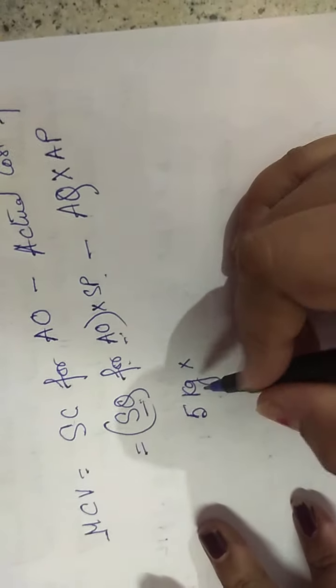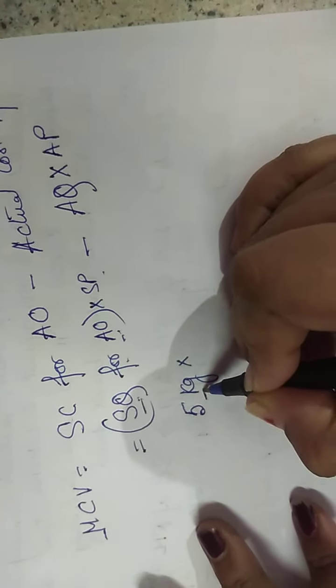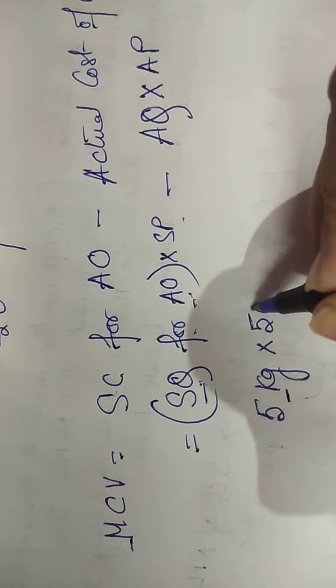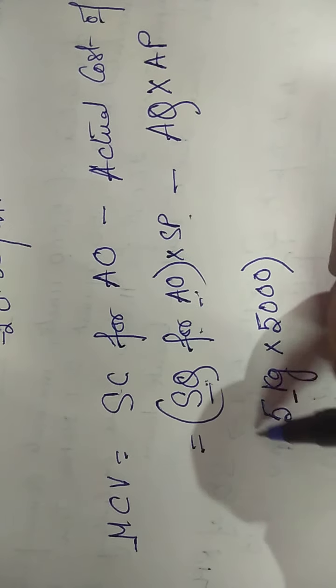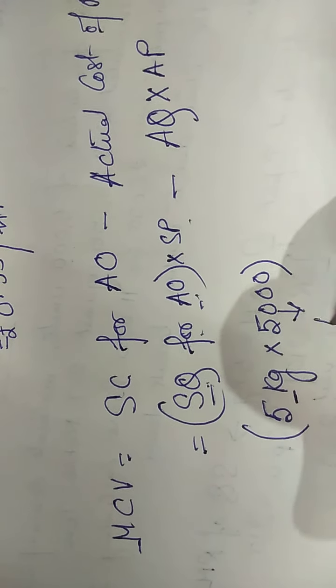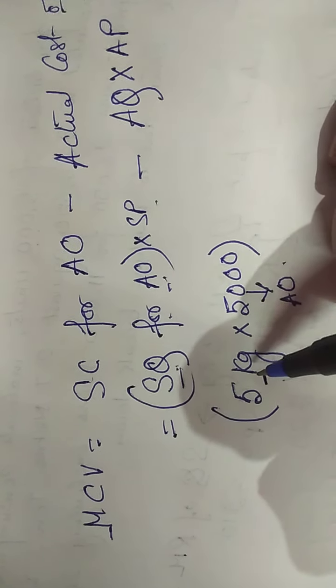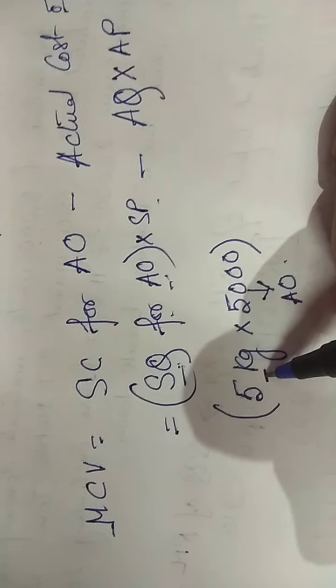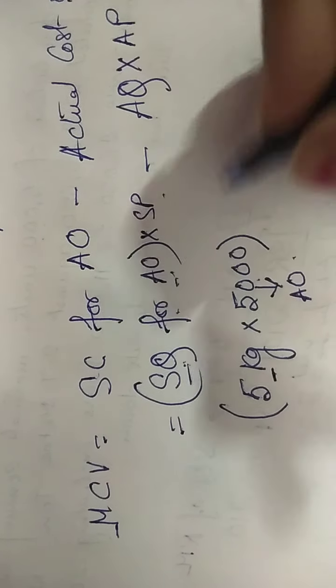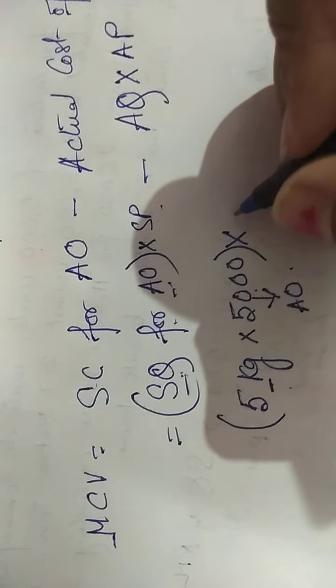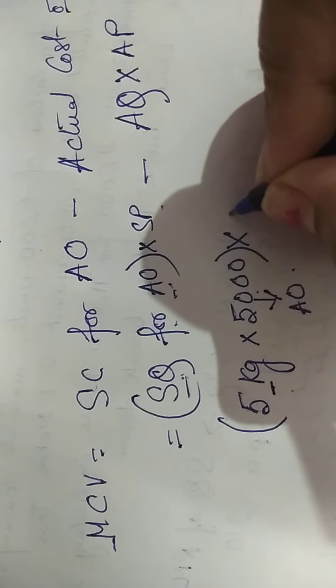For one unit of output, you are presuming you'll require 5 kgs of raw material. So for the actual output, how much kgs of raw material will be required? That is standard quantity for actual output multiplied by standard price. Standard price, as far as I remember, was rupees 10.